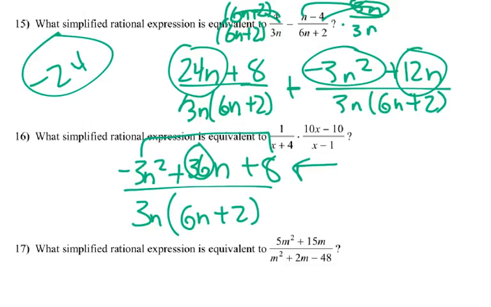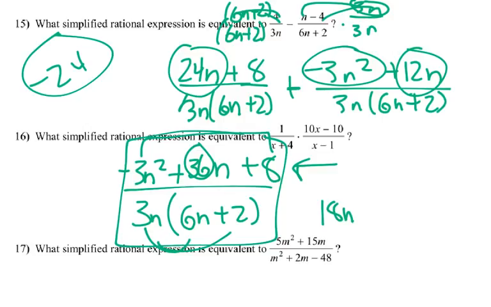So we can't do it. So that we could leave as our answer. Of course, if this were multiple choice, they may distribute that 3n and have a denominator that's 18n squared plus 6n. Same thing, but just be aware sometimes they like to mix it up like that.